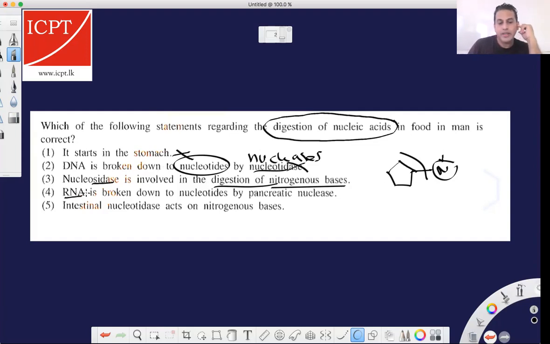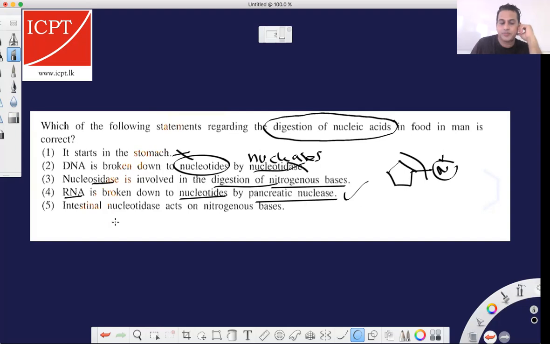Fourth one, RNA is broken down to nucleotides by pancreatic nuclease. Correct. RNA is broken down to its monomers, that is nucleotides, by nucleases, that is exactly ribonucleases. So this is correct.